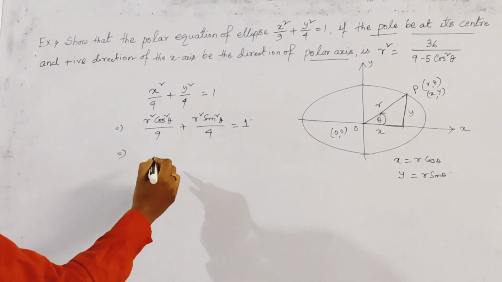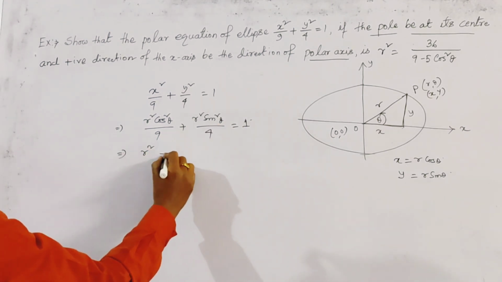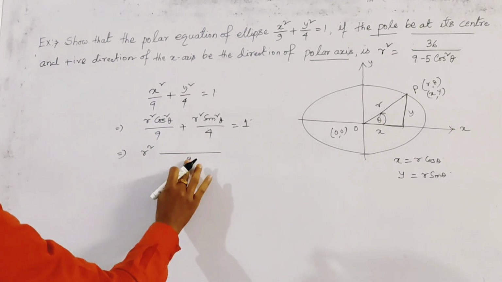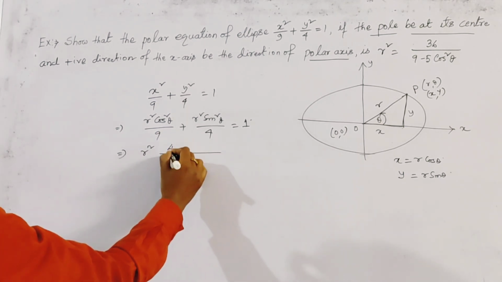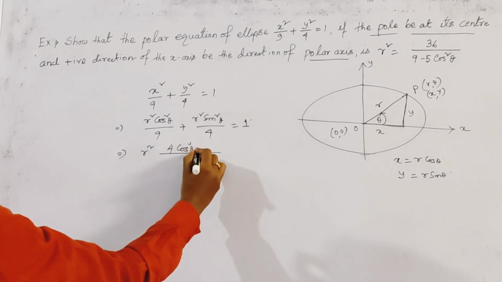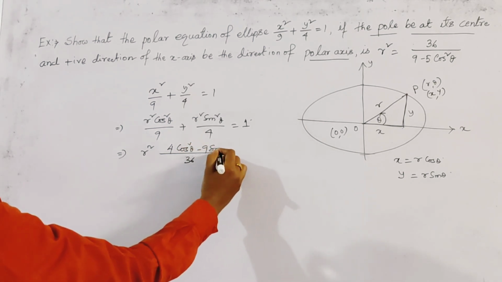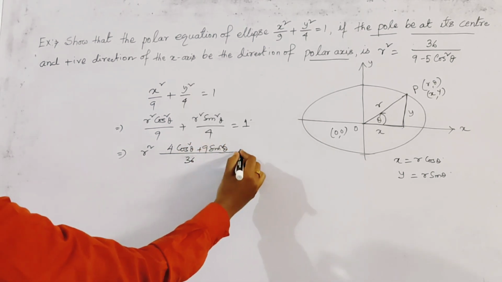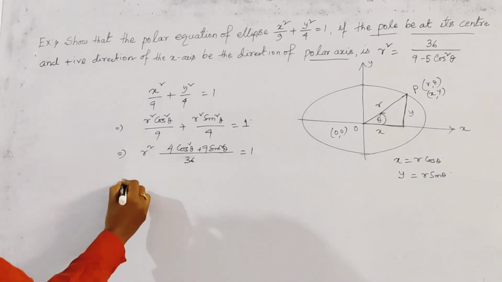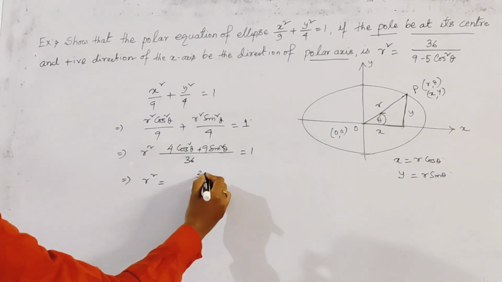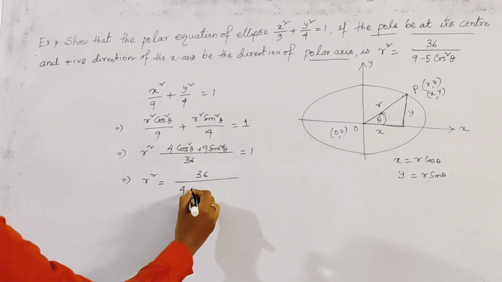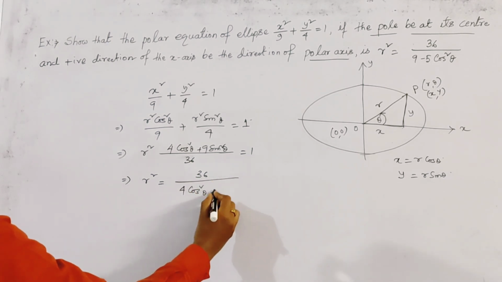And now taking r square common, and taking LCM, this is 36, and we get (4 cos square theta plus 9 sin square theta) equal to 1, okay? So we get r square equal to 36 by (4 cos square theta plus 9 sin square theta).